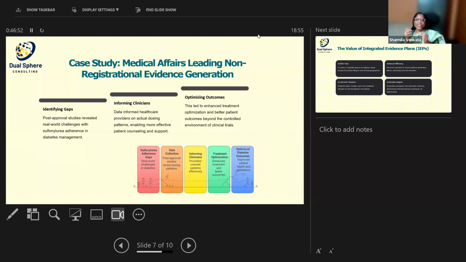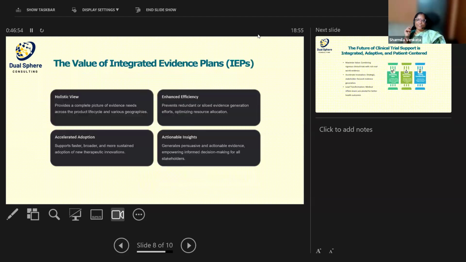Now, collecting this kind of data and aligning multiple stakeholders to act on it can be complex. So, to make these efforts efficient, we use integrated evidence plans. Let's explore how they work.